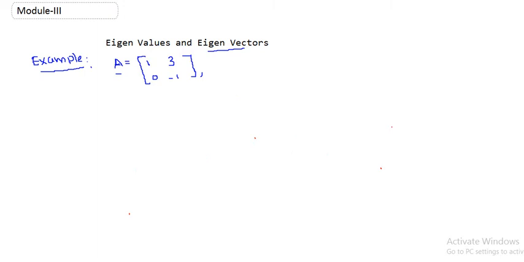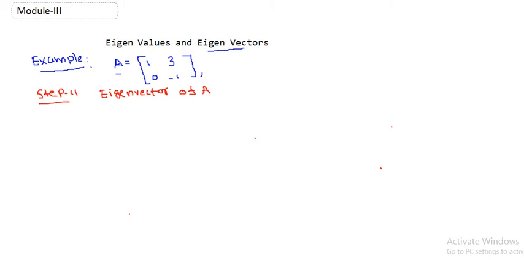So in step 2, we have to find the eigenvectors of A. There may be more than one eigenvector for the same eigenvalue.